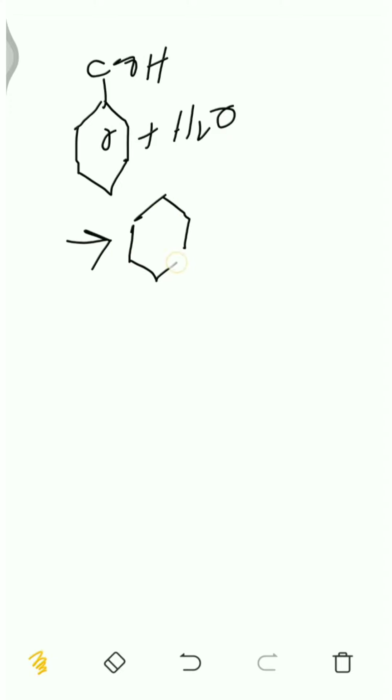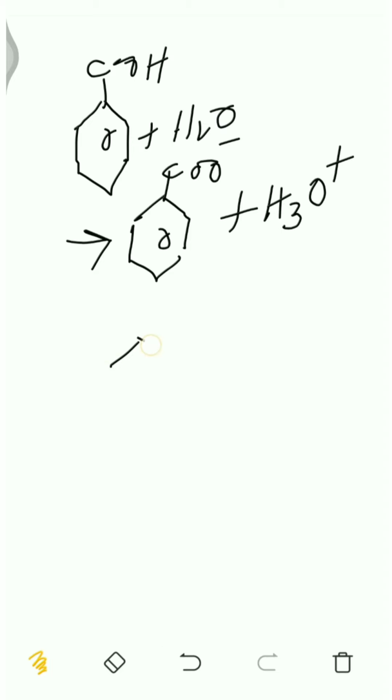Carboxylate ion is nothing but COO minus plus H3O plus. Similarly, if you recall in case of the phenol, we have seen that it develops a phenoxide ion. The phenoxide ion looks almost like this.